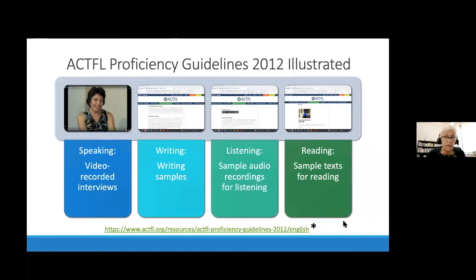For writing, they provide writing samples of what someone can do at a given proficiency level. For listening and reading, you see sample texts, sample audio recordings, sample print texts that listeners and readers at those proficiency levels might typically engage with.